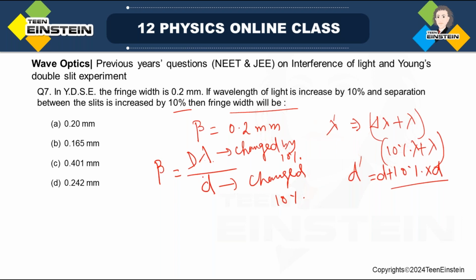That means the new fringe width will also be equal to this only. If the ratio lambda by small d is not changing, then there is no change in the fringe width at all. So you'll get the fringe width as 0.2 millimeter itself. Okay, you don't get confused.